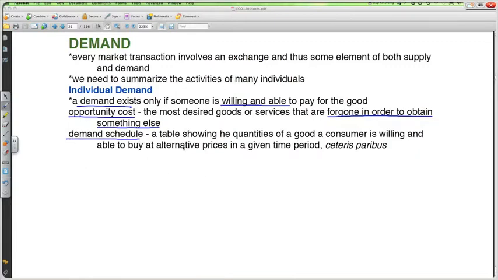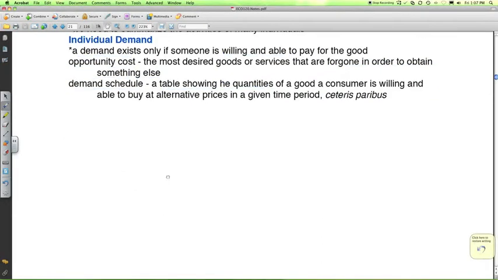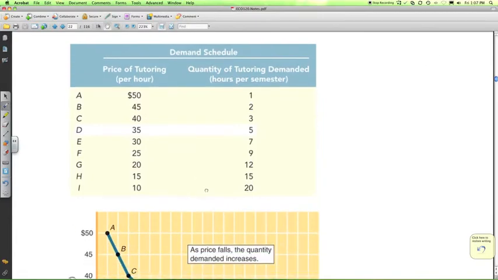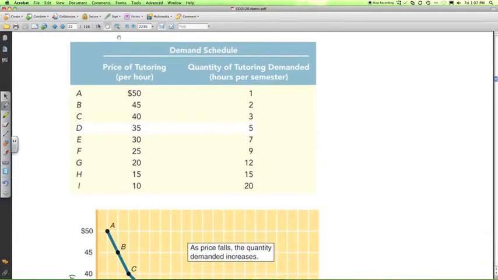Our demand schedule is just going to be numerical data representing demand. So just a table showing the quantities of a good a consumer is willing and able to buy. So here's our demand schedule.